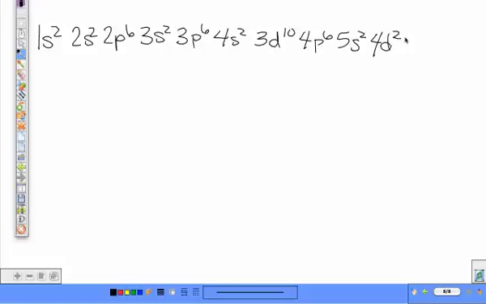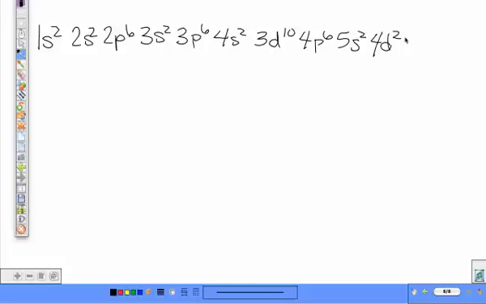We start here, and this is the S block. This is the P block. This is the D block. So we start here, we go 1s, 1, 2. And the next element is 2s, 1, 2. Then 2p, 1, 2, 3, 4, 5, 6. 3s, 2. 3p, 6. 4s, 2.